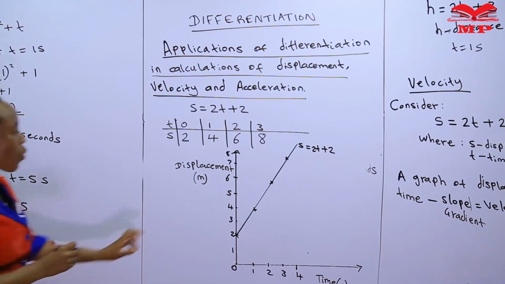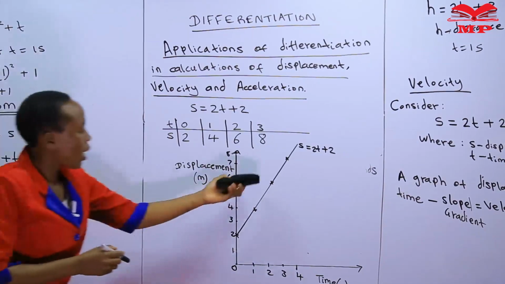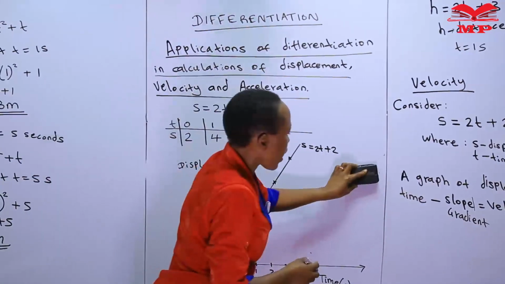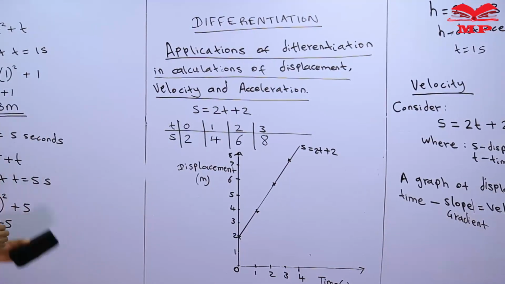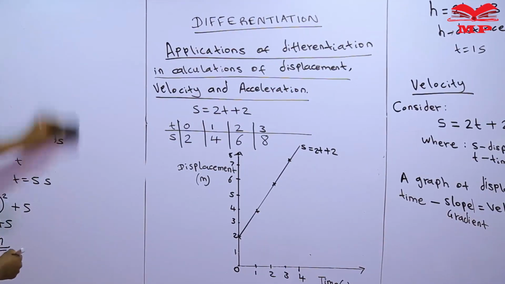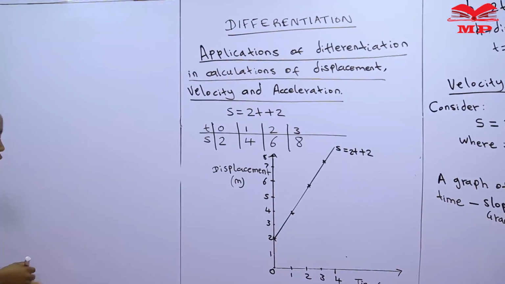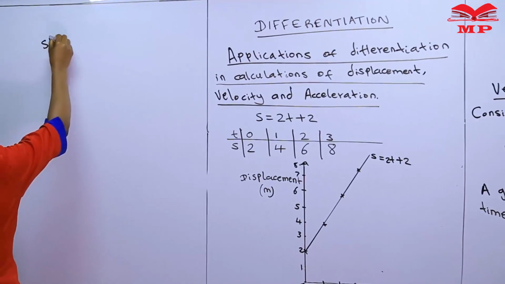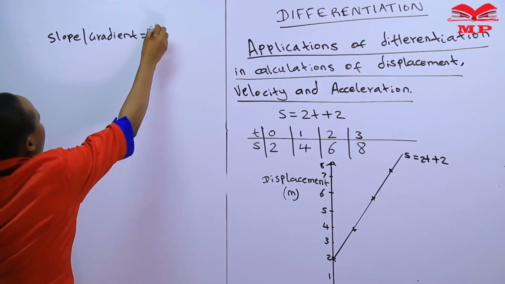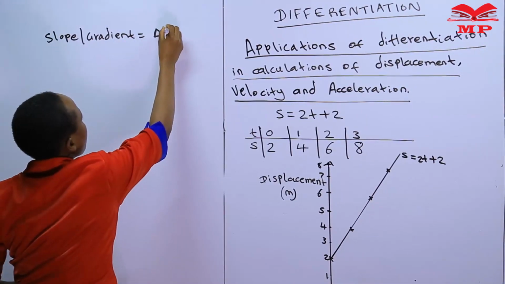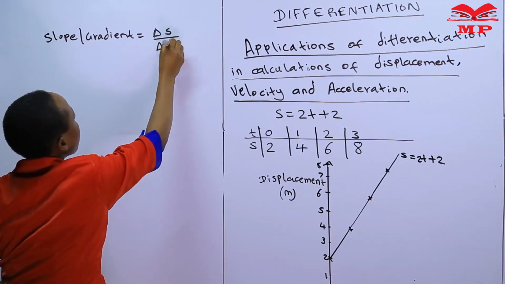In this, we want to get the slope of this graph, because the slope of a displacement time graph will give us the velocity. So we get the slope, or the gradient, which is given by the change in displacement, S, divided by the change in time, t.